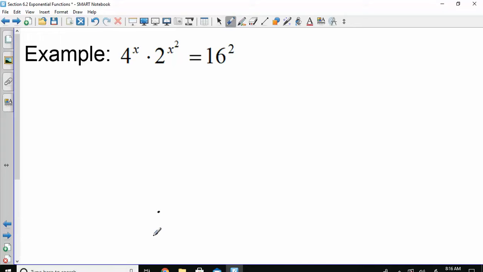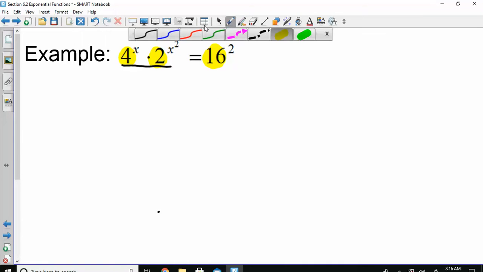Okay. You cannot start off multiplying these things. Order of operations says you have to do exponents before you multiply. The only way we would be able to multiply these together is if these bases were the same. So we have to start out essentially looking at these three numbers, 4, 2, and 16.